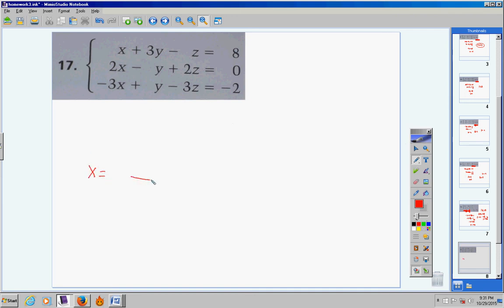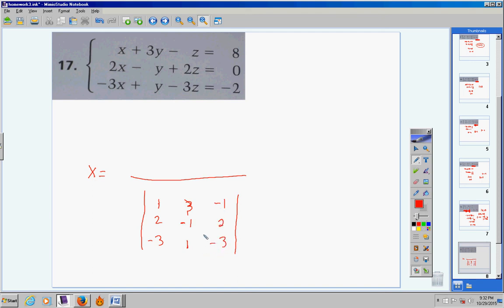I'll have a big coefficient matrix down here below: 1, 2, negative 3, 3, negative 1, 1, and then negative 1, 2, negative 3.